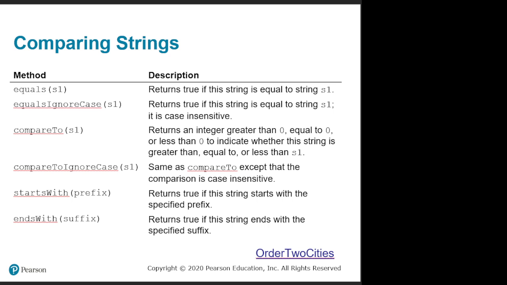We can use startsWith, which returns true if the string starts with a particular prefix. And we can use endsWith to see if it ends with a particular suffix. So we can use ways of getting certain parts of a string. So let's look at some of these comparisons in our sandbox.